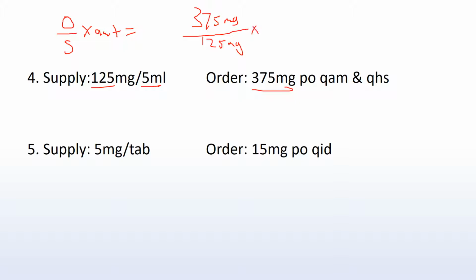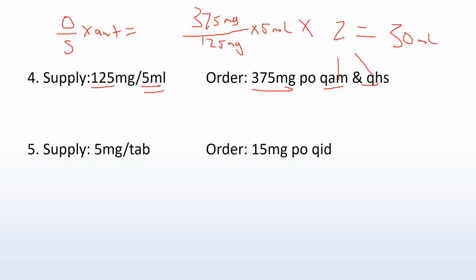And what is our amount? 5 mL. Very good. How many times a day? Twice. All right, punch in the math: 375 divided by 125 times 5 times 2 equals 30. 30 for the whole day, because there are 2 doses.